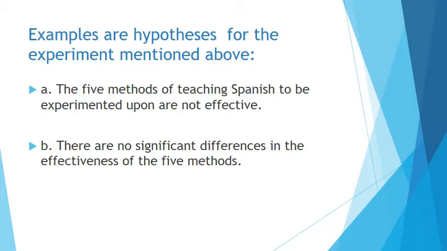Examples of hypotheses for the experiment mentioned above. Letter A. The 5 methods of teaching Spanish to be experimented upon are not effective. B. There are no significant differences in the effectiveness of the 5 methods.